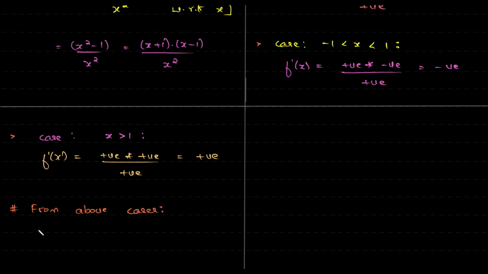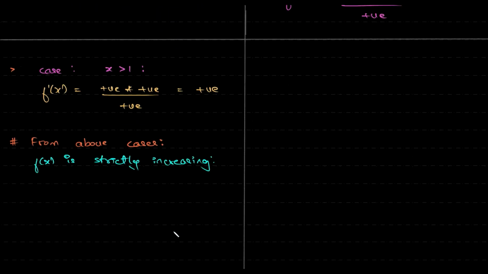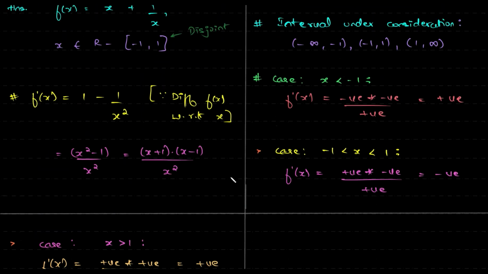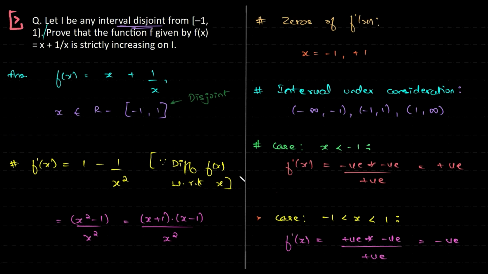We can tell that f of x is strictly increasing in x belonging to R other than -1 to 1, clearly, right? So that would be your answer. Same approach, just that the question is different. That's it.